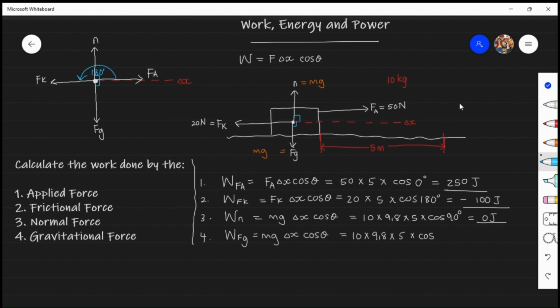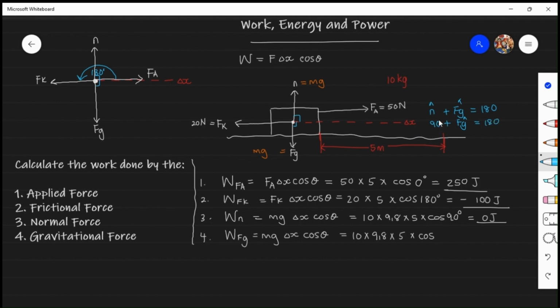A quick calculation to show that is the angle of normal force plus the angle of Fg equals 180 because it's angles on a straight line, and because we've already proved that normal force is 90 degrees, we can now calculate the angle of Fg.